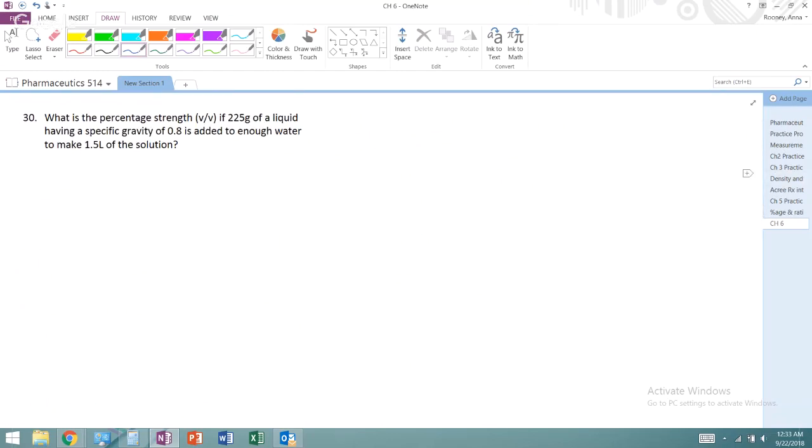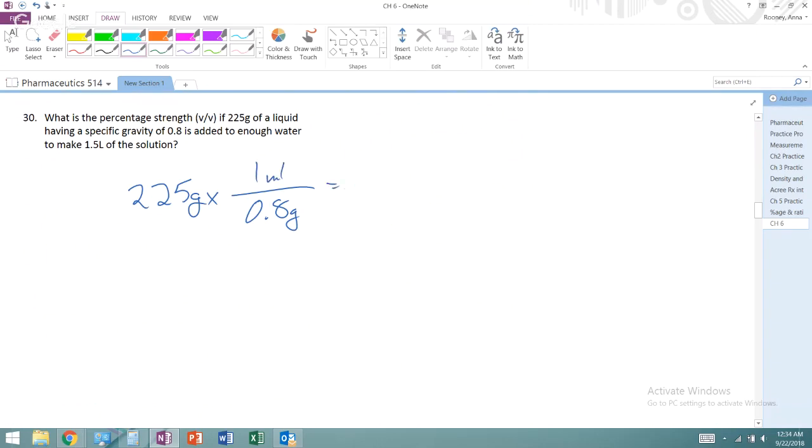What is the percentage strength, volume per volume, if 225 grams of a liquid having a specific gravity of 0.8 is added to enough water to make 1.5 liters of the solution? So we know our total, and we need to change this to milliliters. We know that there is 0.8 grams per every 1 milliliter of solution.